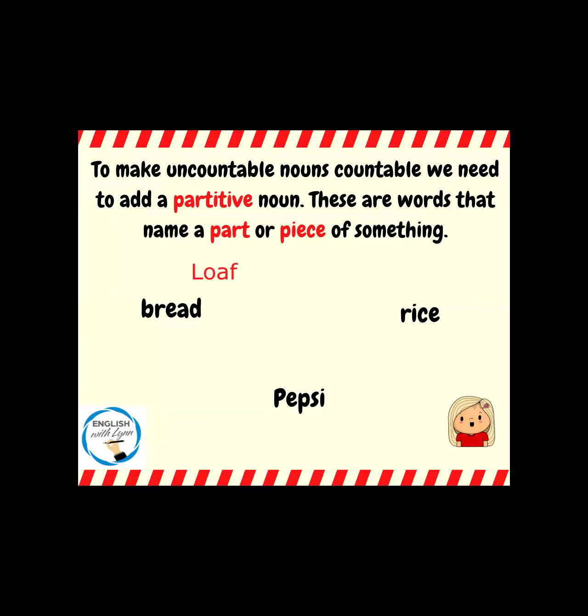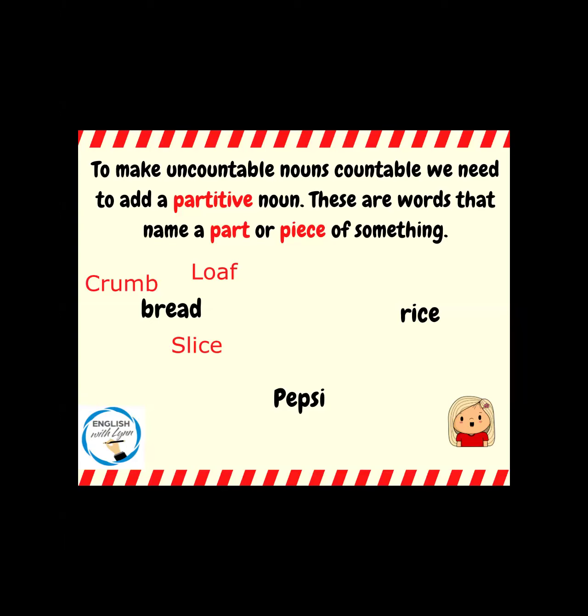And if I am doing some cooking and I need an even smaller piece of it, you would use a crumb of bread. So the partitive nouns used for bread would be a slice, a loaf, or a crumb, depending on the amount that you need.